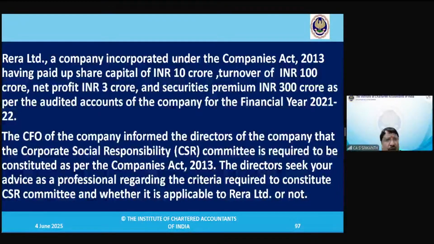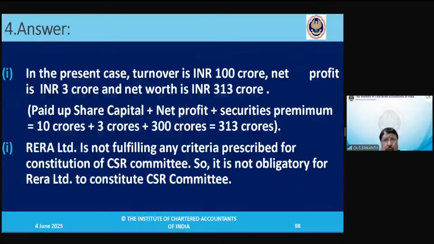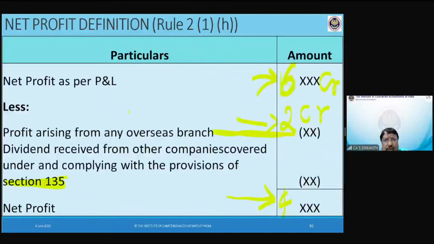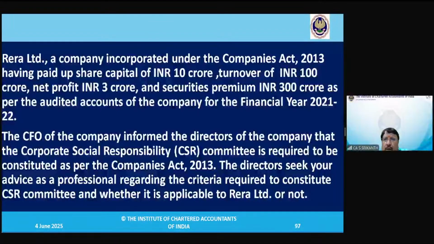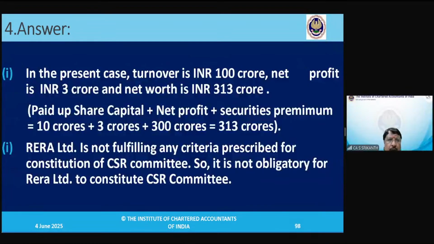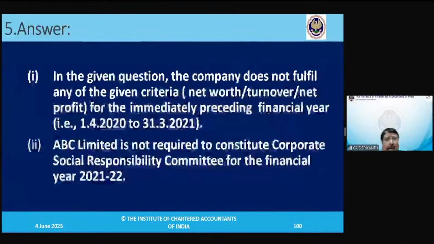Profit 3 crore, less than 5 crores. So, it is not applicable. Current year profit is 3 crore. Okay. So even if you take 3 crore plus the 310, 313, still it is less than 500. Got it? So RERA is not fulfilling any of the criteria. So it is not obligatory for RERA.